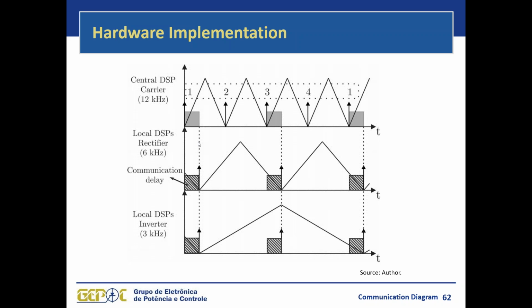Here, the active rectification is working at 6 kilohertz just to have a better harmonic content on the input current, that is the connection of the rectifier to the grid. But then the synchronization of the local cells and the central DSP is done through this communication protocol that sends data packages from the central DSP to the local DSPs, and these data packages perform the synchronization of the cells.